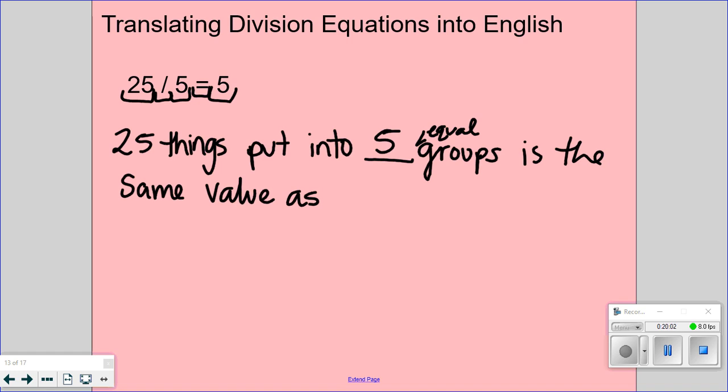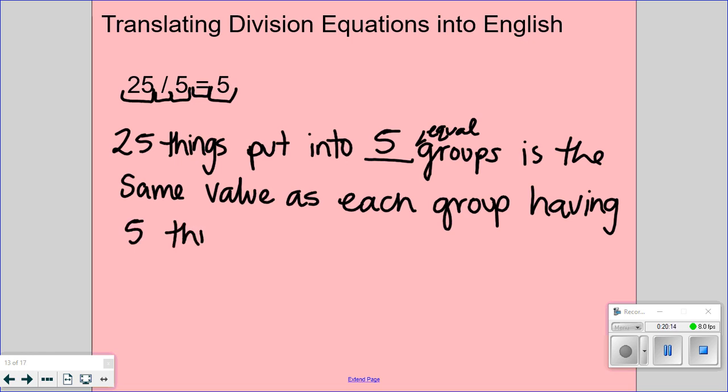The same value as each group having 5 things.